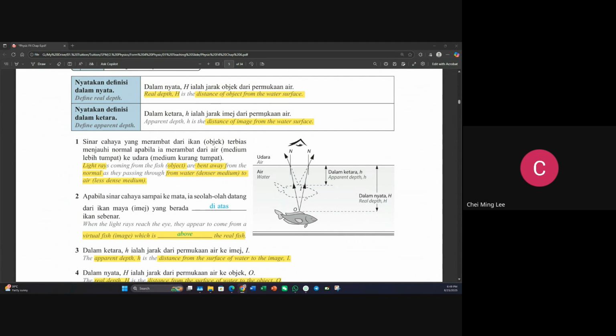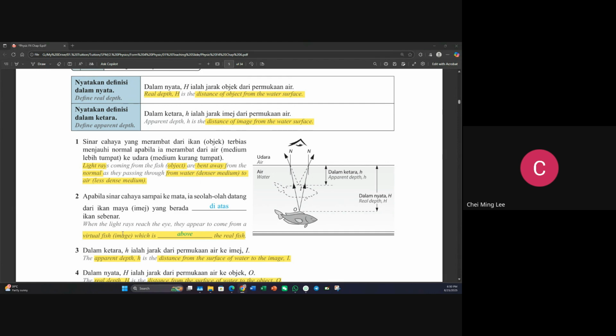In this process, the light ray coming from the fish, which is the object, is bent away from the normal as it passes from water, a denser medium, to air, coming out to your eye. So it's from denser to less dense. When it reaches the eye, the rays appear to come from a virtual fish, which we call the image.